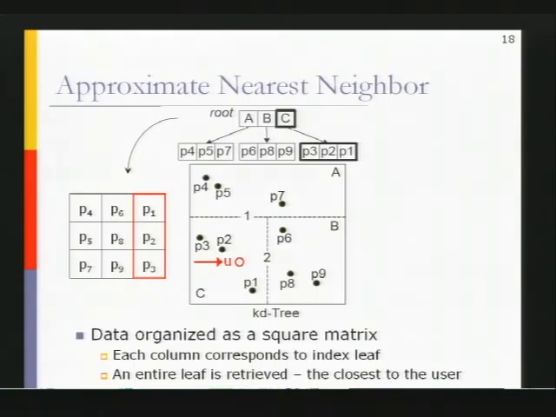And this is why I said that we can make use of this redundancy. So we will bring all the elements in leaf C, P1, P2, and P3. And then the user can choose which one is the nearest. Of course, this is still approximate. If the user, for instance, would be situated somewhere around here, most likely the nearest neighbor will be P6 or P7. However, this gives good results in practice.